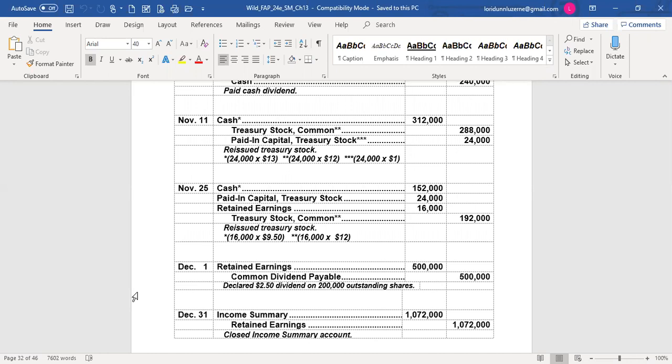Okay, so 2,160,000 plus 1,072,000 minus 756,000. Oh, bear with me a second, guys. 2,160,000 plus 1,072,000. I have a very small calculator here. Okay, and then I'm going to subtract 756,000.